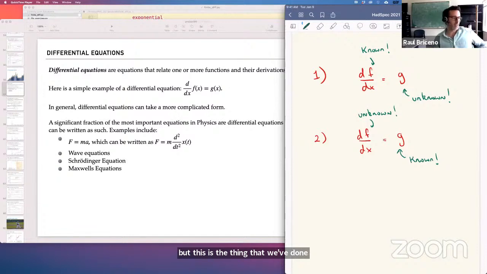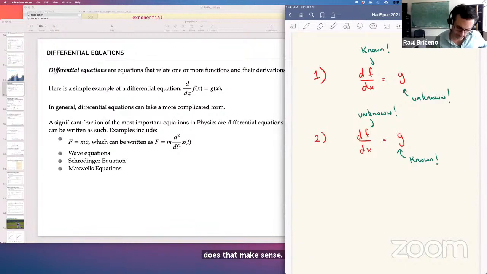So it's conceptually harder. We know that some function, if you have a derivative acting on the function, it will give you back another function. And we know what this function is. But we don't know what this function is. Does that make sense?